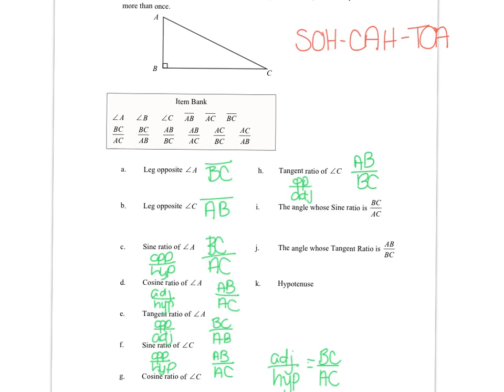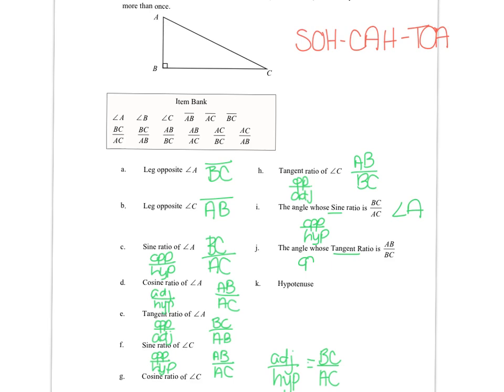Next, we're being asked the angle whose sine ratio is BC over AC. So with sine, we know we're talking about opposite over hypotenuse. So which angle has an opposite of BC and a hypotenuse of AC? Well, this opposite means angle A. So our answer is going to be angle A. J is the angle whose tangent ratio is AB over BC.